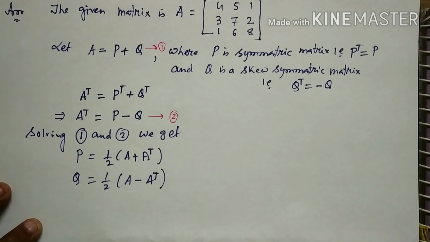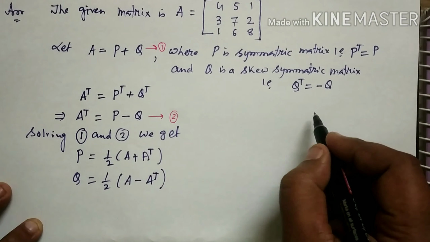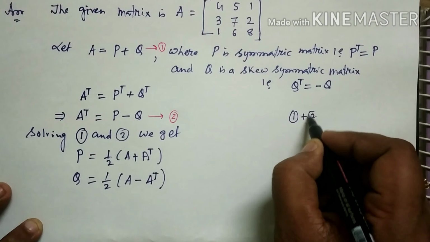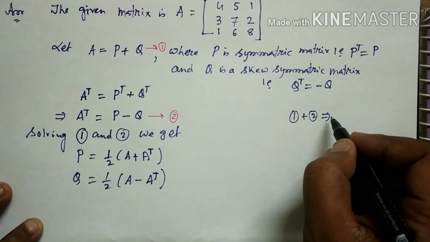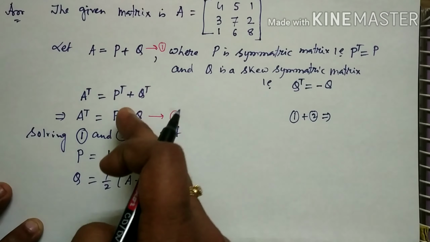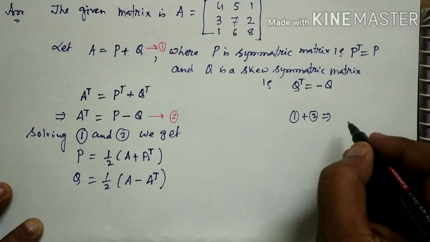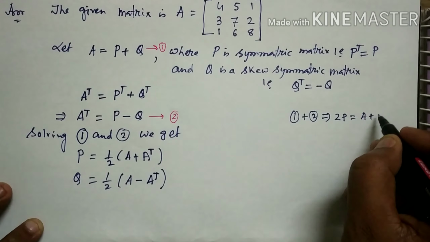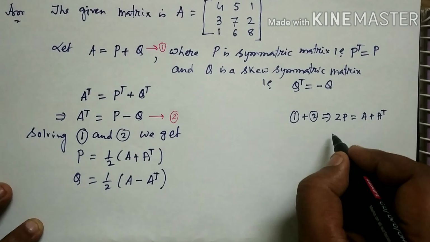Okay, as a rough, 1 plus 2 implies 2P is equal to A plus A transpose.